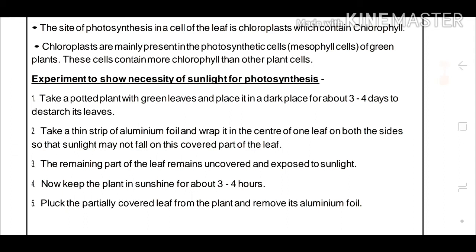Now, keep the plant in sunshine for about 3 to 4 hours. 5. Pick the partially covered leaf from the plant and remove its aluminum foil.